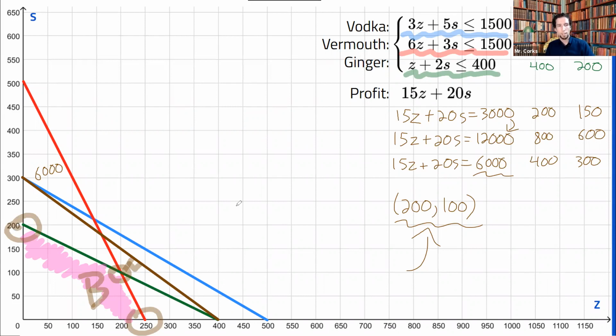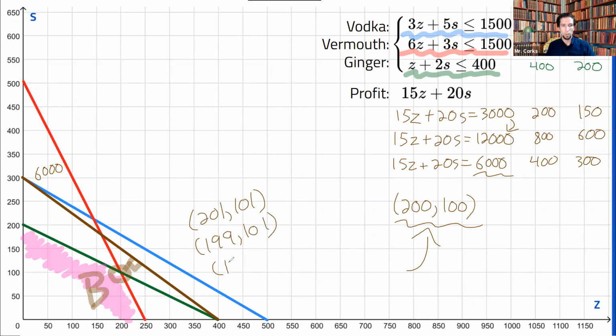But that's not what my question is. My question is, let's say we are confident that B is the best corner, but we just don't know what the exact coordinates of B are. It could be 201, 101. It could be 199, 101.